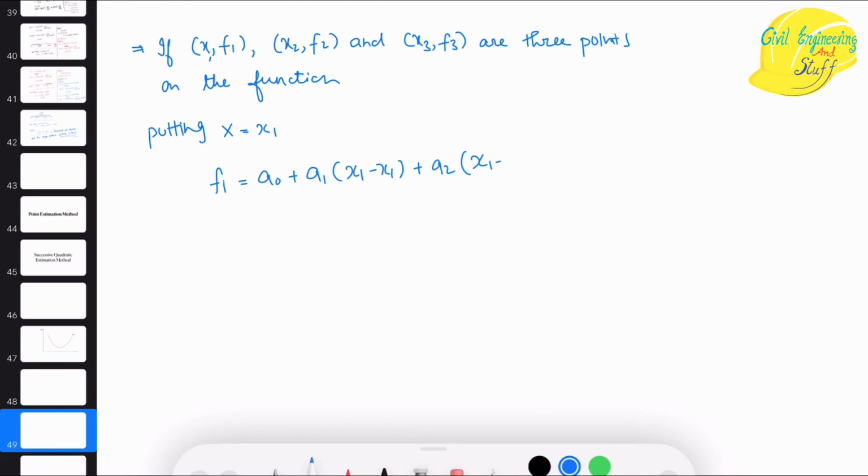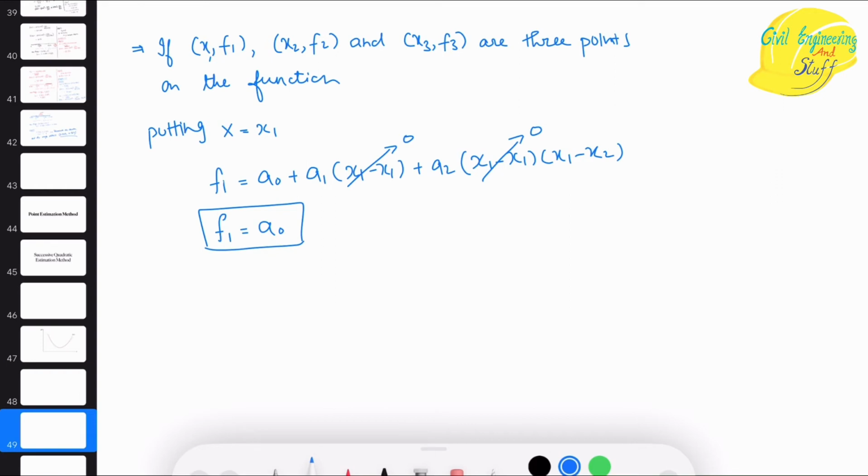So this will be (x1 minus x1)(x1 minus x2). Okay, so this will be 0, this will be 0. So in this case your f1 will be a0. This is the value of a0. a0 will be equal to f1.